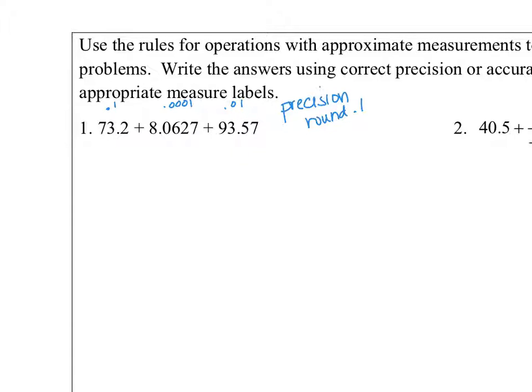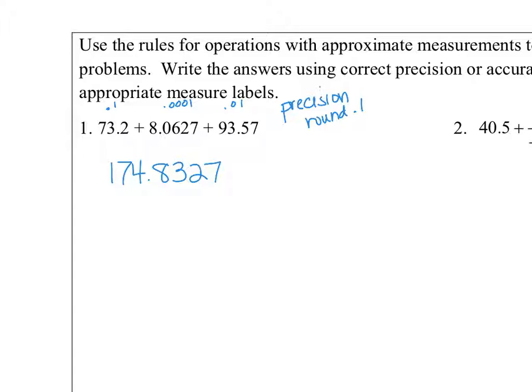But we're still going to take our calculator and add these numbers together: 73.2 plus 8.0627 plus 93.57. And you're going to show me the entire answer that shows up.